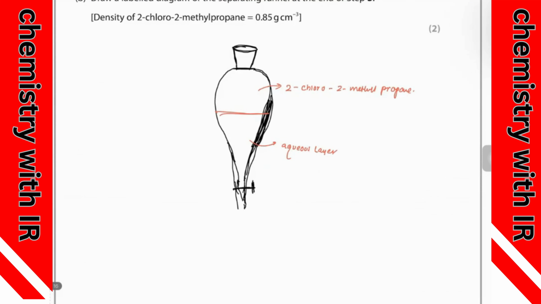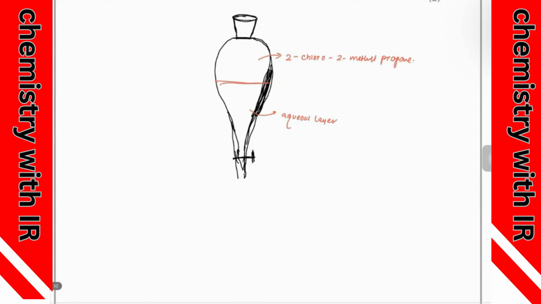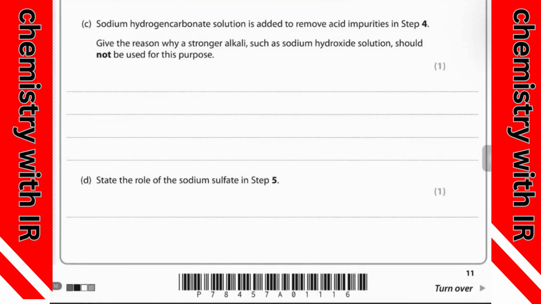Sodium hydroxide can give OH minus, and OH minus can displace this chlorine. As a result, alcohol would be produced. To avoid this, you are not supposed to take a strong alkali, that is sodium hydroxide. That's why we add the weaker one, sodium hydrogen carbonate, to remove an acidic impurity.